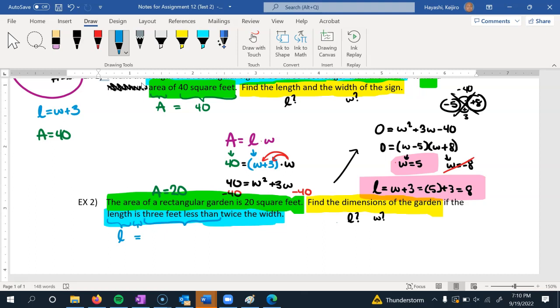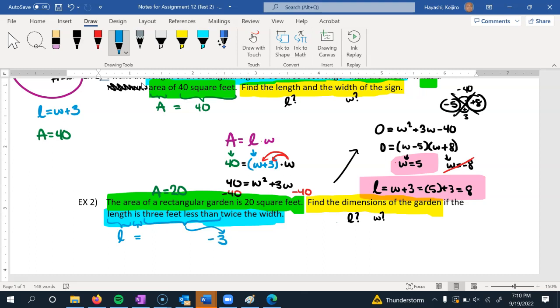Does that mean that I'm going to take 3 and subtract something from 3? Or does that mean I'm going to take something and subtract 3 from something else? What that means is that I'm going to have something and I'm going to subtract 3 from it.